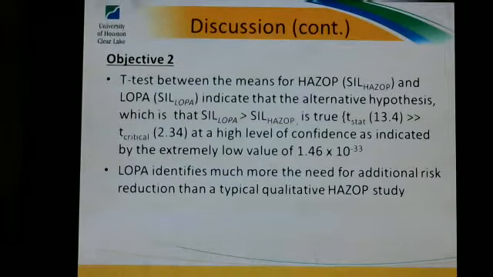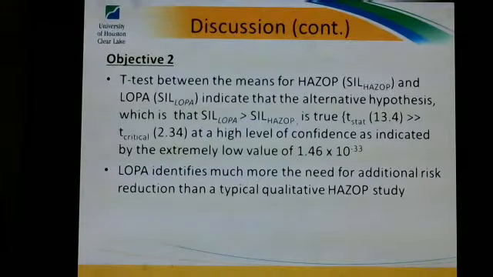The t-test between the two means indicated that the alternative hypothesis, which is that the cell LOPA mean is much greater than cell HAZOP, is true because the t-stat was much greater than t-critical. So we can reject the null hypothesis that the two means were equal and accept with a high level of confidence, which is indicated by the extremely low p-value of 1.46 times 10 to the minus 33.